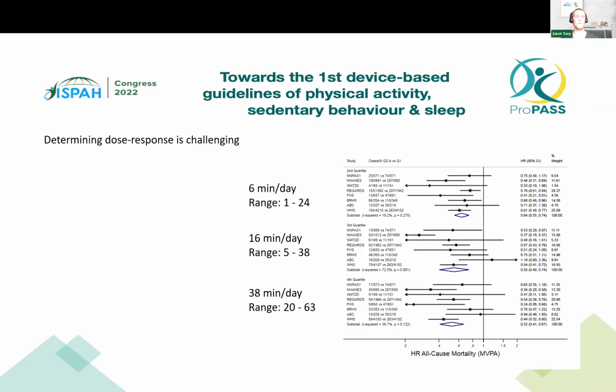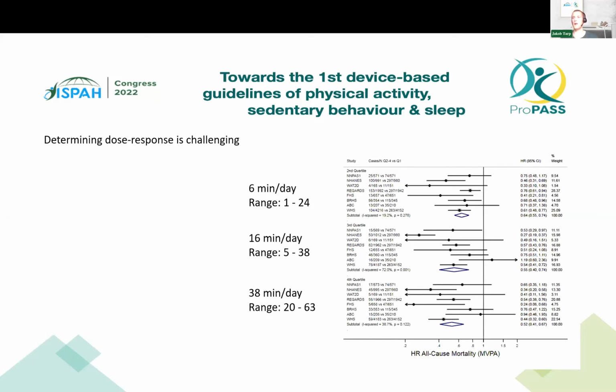The first one is that determining the dose-response relationship, which is really what we want to do, is challenging. Going back to the quartiles of the Adult Accelerometer Consortium, I showed you the pooled effect sizes, the hazard ratios before, but this is a forest plot showing the individual study results going into these pooled hazard ratios.